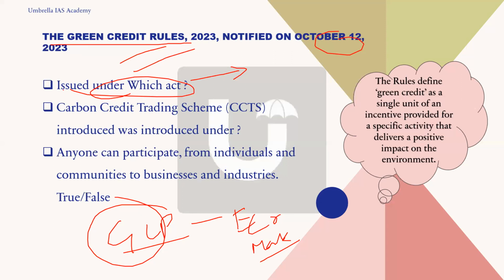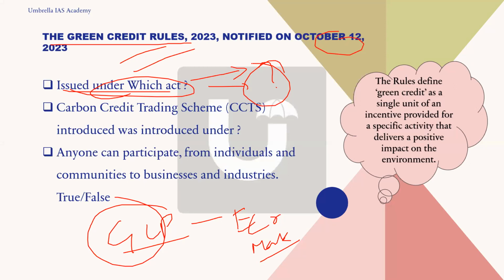So it is implemented under which act? Energy Efficiency Act. Okay, it is not the Environmental Protection Act. Mostly in the exam, the alternative they give you will be the Environmental Protection Act, but the actual answer is the Energy Conservation Act.